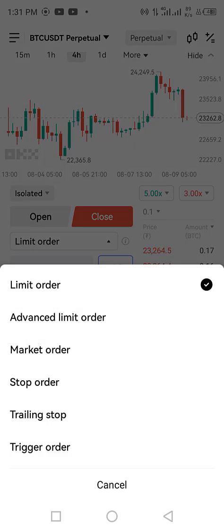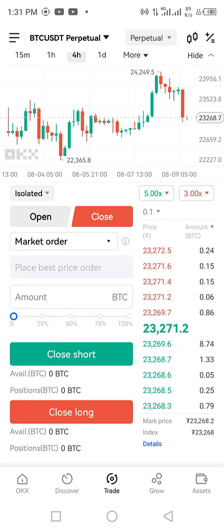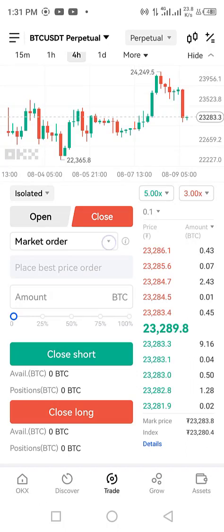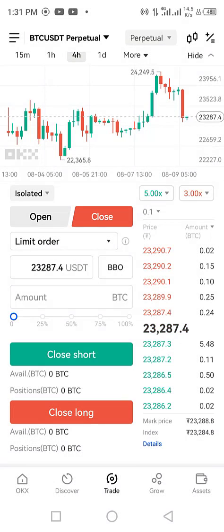Or you can simply go here and use your market order. If you discover, when I click on this market order right here, the BOB disappears. And if I click and put limit order, you see the BOB right here appear again. That also means that BOB and market order almost act as the same thing.